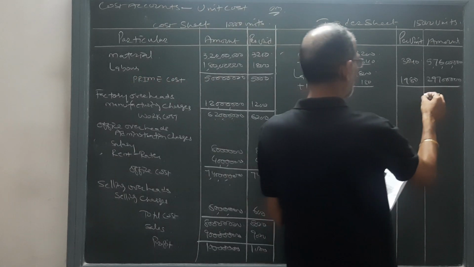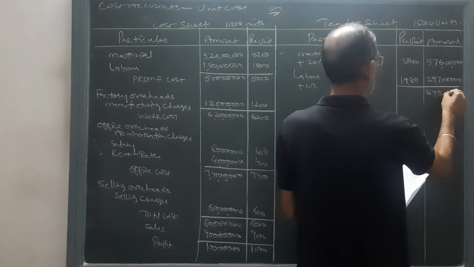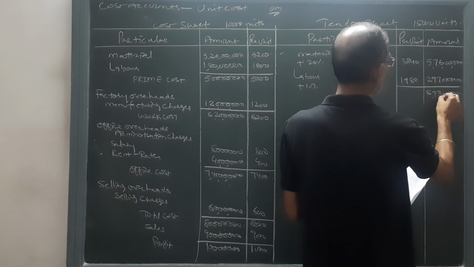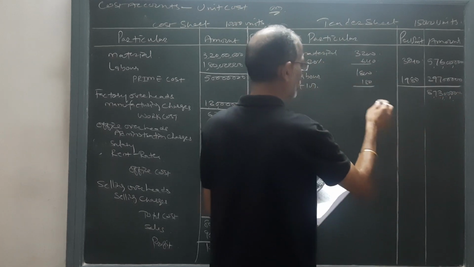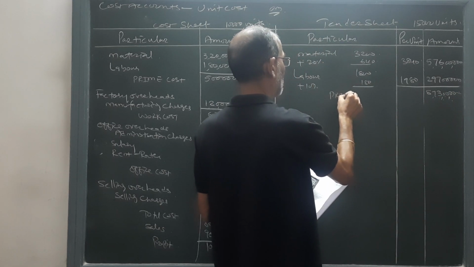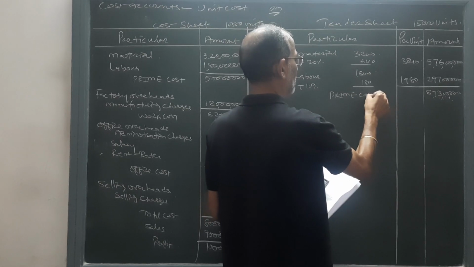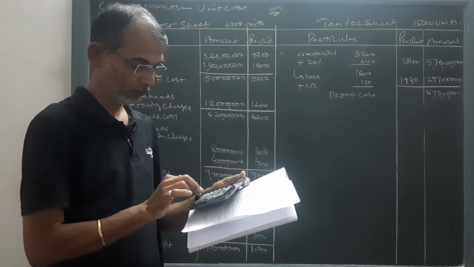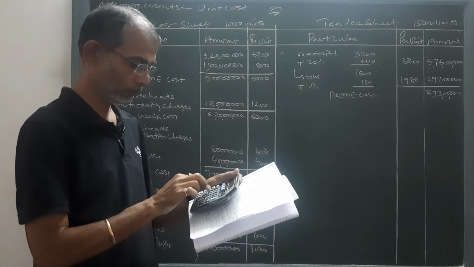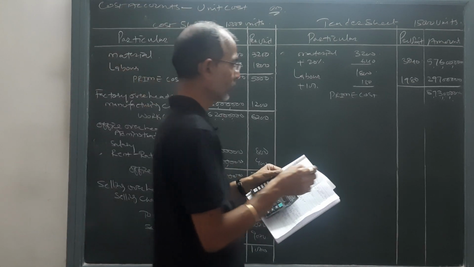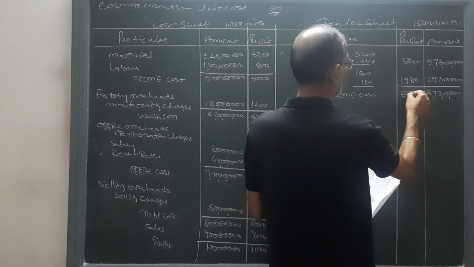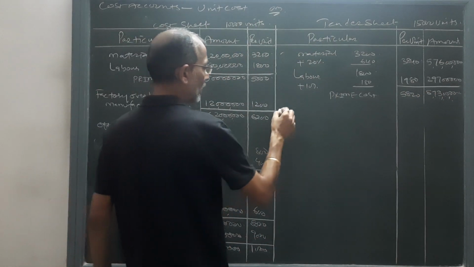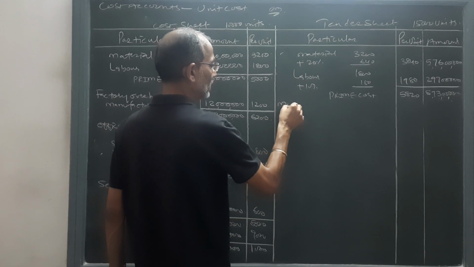So in this way 8 crore 73 lakh will be the prime cost, and per unit will be 5,820.